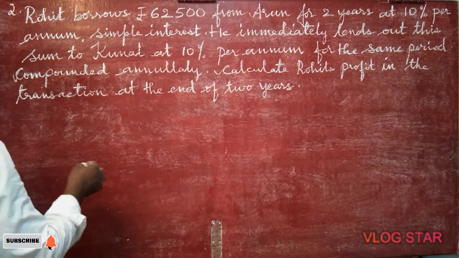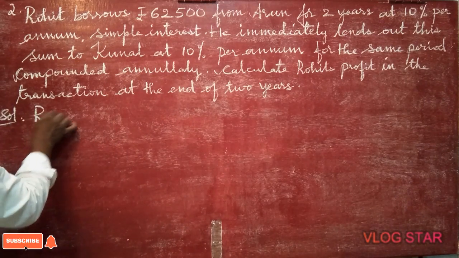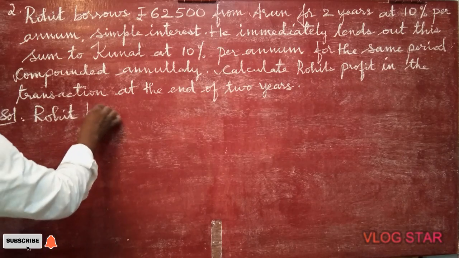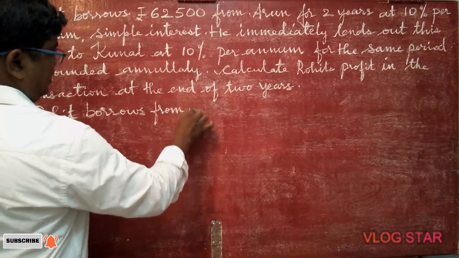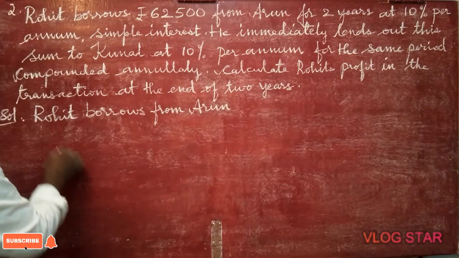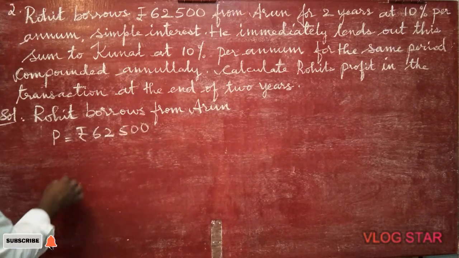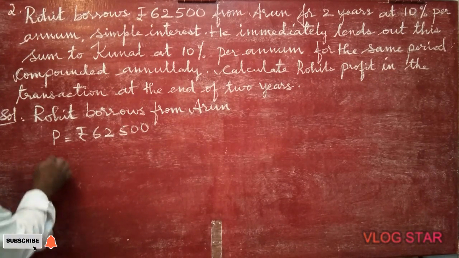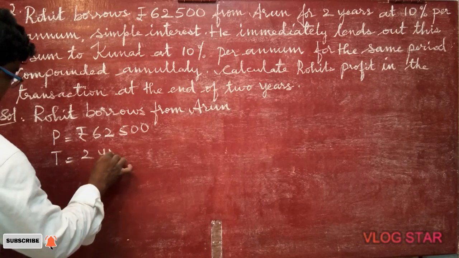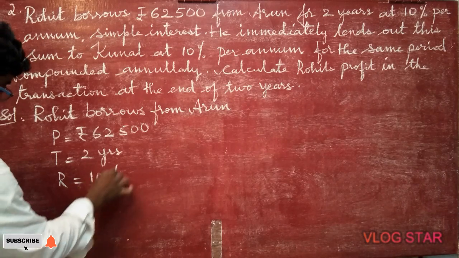So first, what is Rohit doing? Rohit borrows principal from Arun. So P is rupees 62,500. Time T is 2 years, and R is 10%.